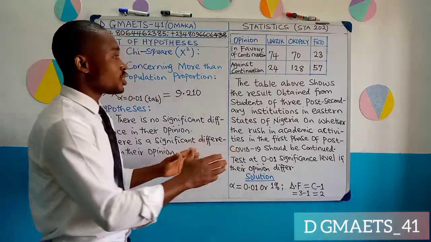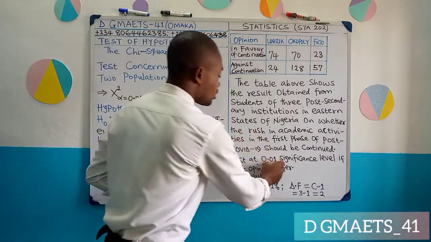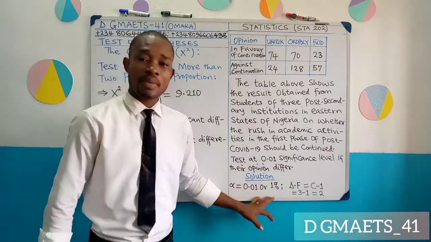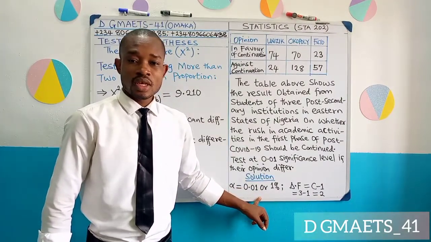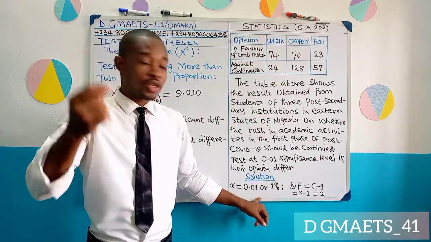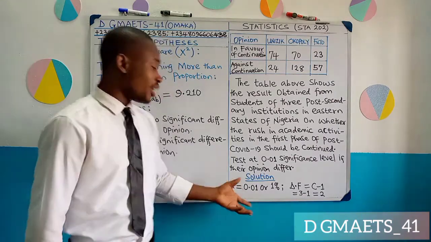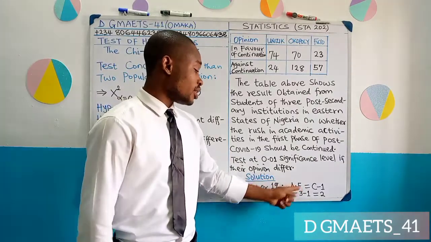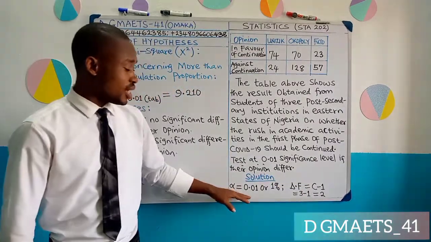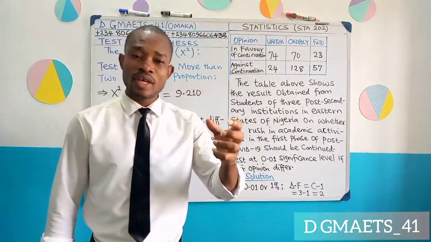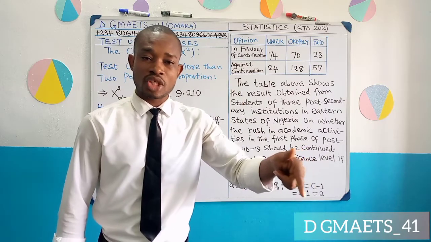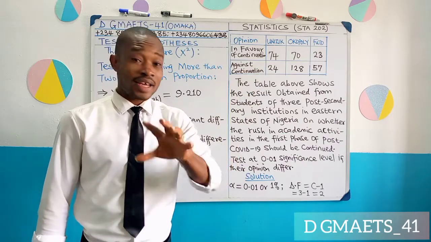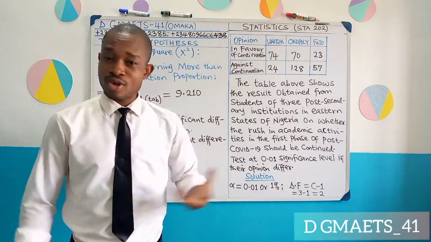Look at the question, you notice that we're given the significance level, which is 0.01. That significance level is the same as 1%. 1 over 100 will give you 0.01. So that value, we call it the significance level. Before I move on to talk about the degree of freedom, I want to state that this significance level could also be expressed as a confidence coefficient. Confidence coefficient is 1 minus alpha. I stated this in one of our previous videos already.